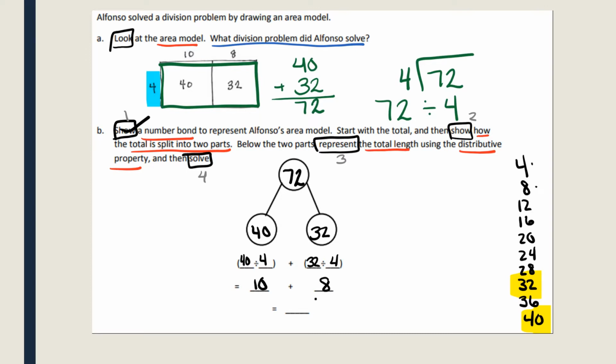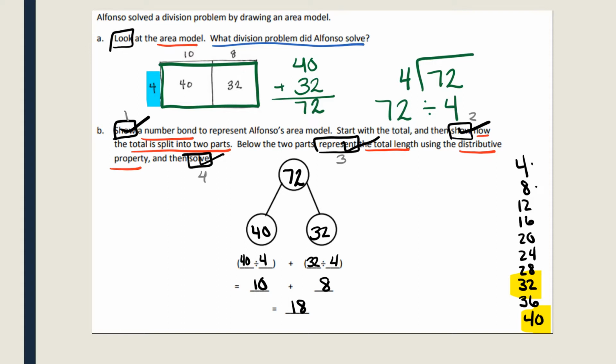Now if I add the 10 and the 8 together, I get 18. So I showed how the total is split into two parts, and then I represented the total length in the distributive property, and I solved the problem to get 18.